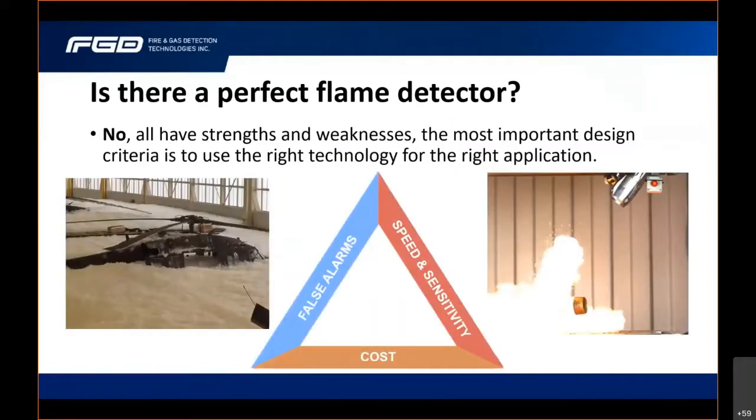So we've moved through the technology part of the presentation and we're coming right towards the end, and we have to ask the fundamental question: is there a perfect flame detector? And today there simply is not.